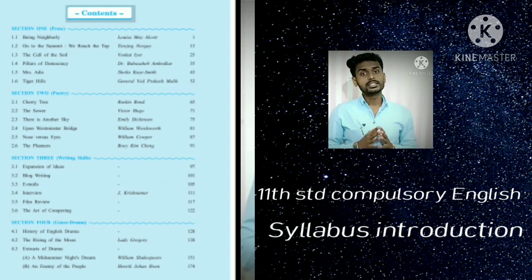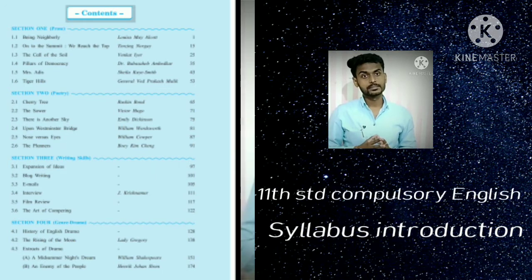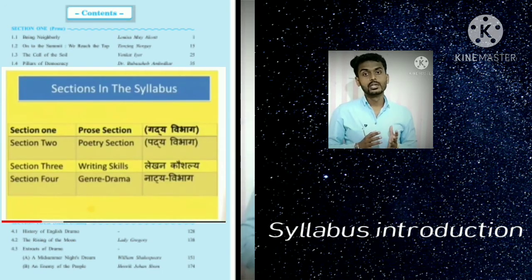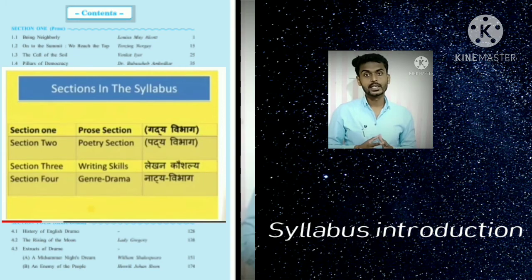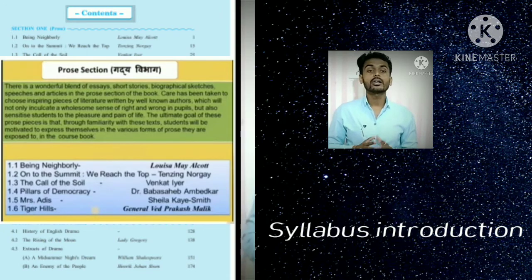Dear student, the 11th standard English subject syllabus is divided into 4 parts or 4 sections. For each section, the mark weightage is different. In that, the first section is the prose section or lesson section.